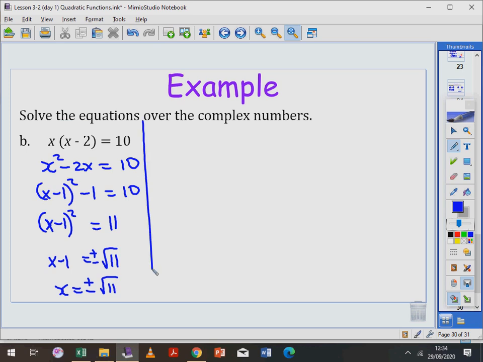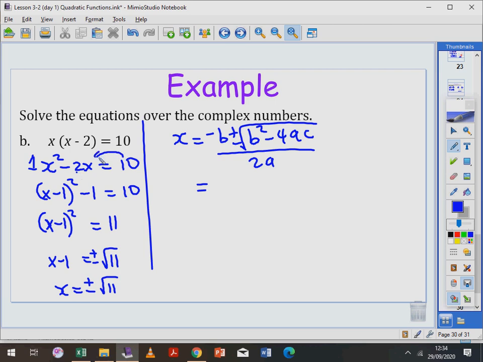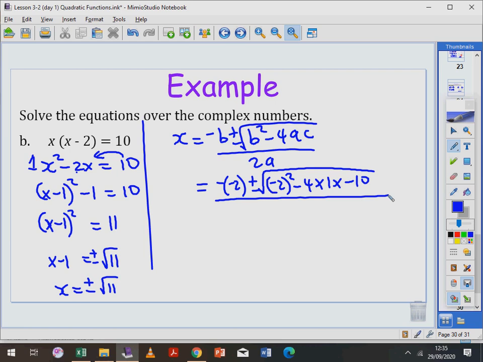Or I can use quadratic formula, x equals negative b plus minus square root of b squared minus 4ac, all divided by 2a. Substitute. I hope you can see that a is 1, b is negative 2, c is, if the 10 came over this way, negative 10. So negative of negative 2 plus or minus square root of negative 2 squared minus 4 times 1 times negative 10, over 2 times 1.